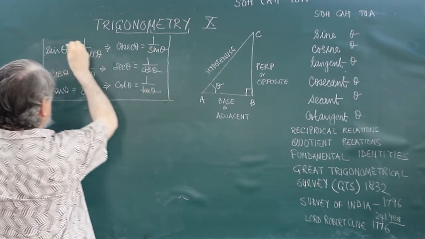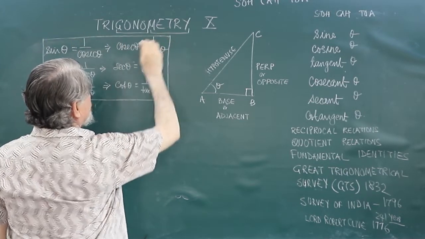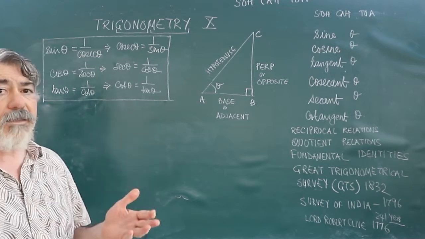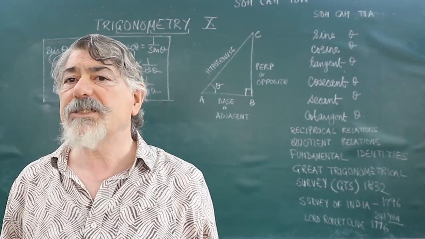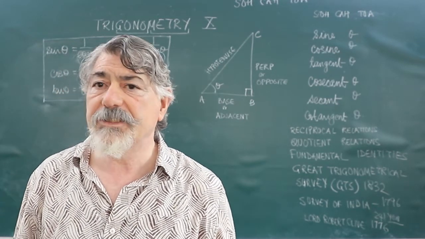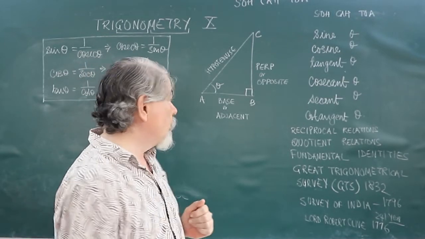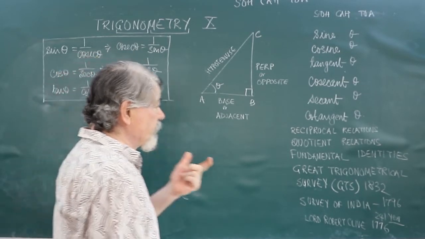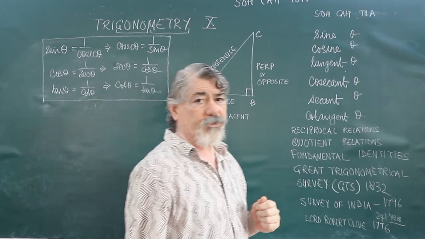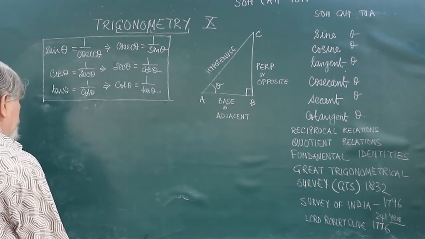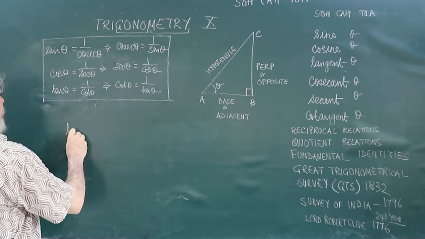These are called reciprocal relations. They are related to each other reciprocally. Now let us look into the quotient relation. What are quotient relations?